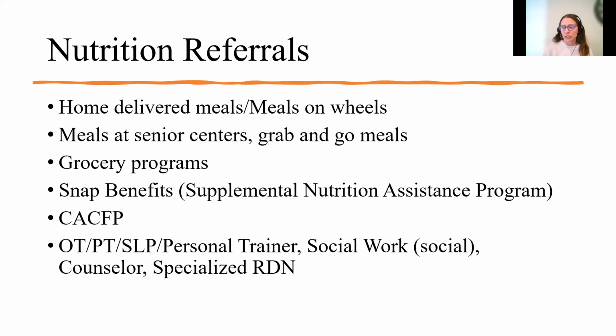Now, I'm so fortunate because I'm working in a hospital where I do have access to OT, SLP, PT, social work to help looking into these things. But maybe they also would benefit, depending on where they're at, from a specialized RDN, like one that specializes in diabetes or renal diets. Kidney function is going to present a whole another realm of nutrition modifications.